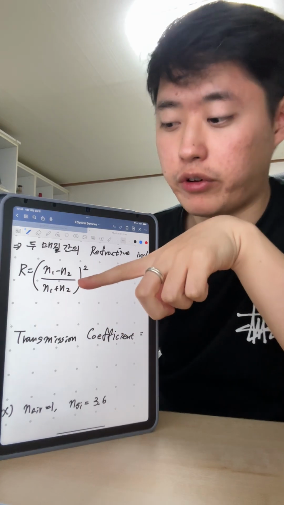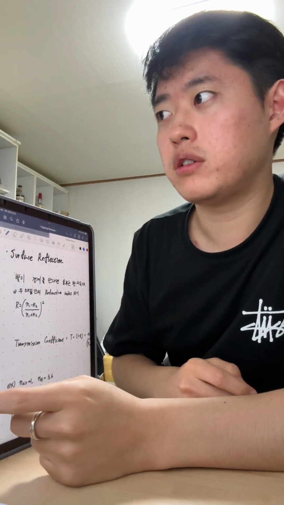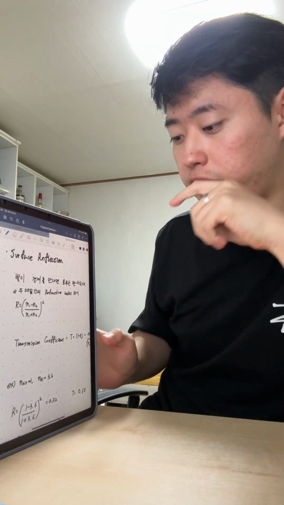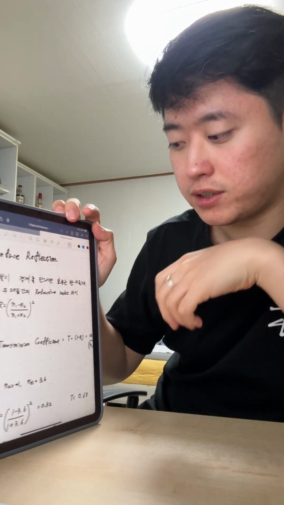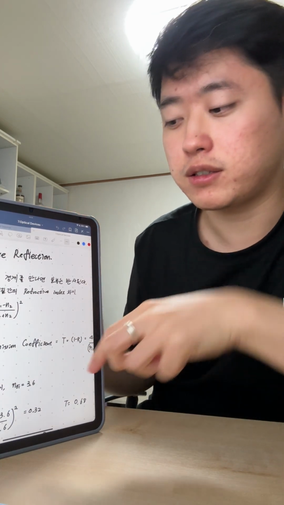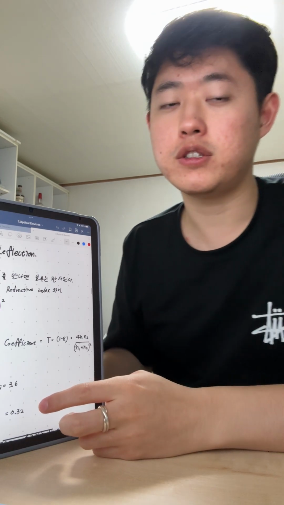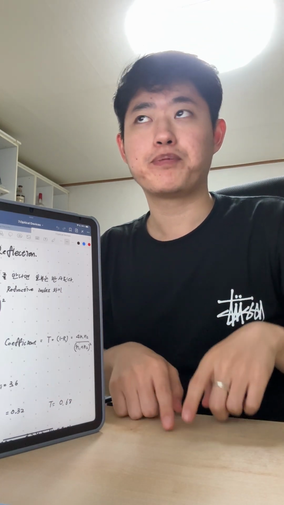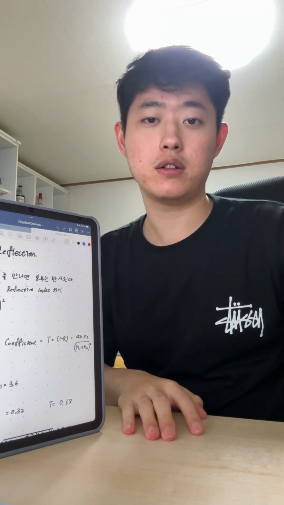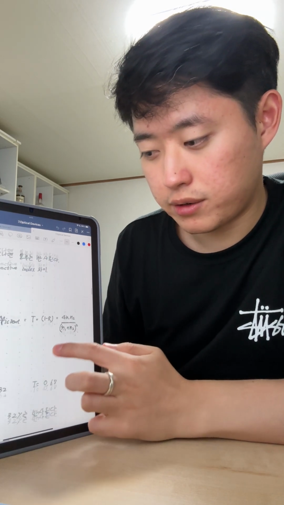For example, air has a refractive index of 1. The transmission coefficient is what remains of the reflection, so it's 1 minus R.